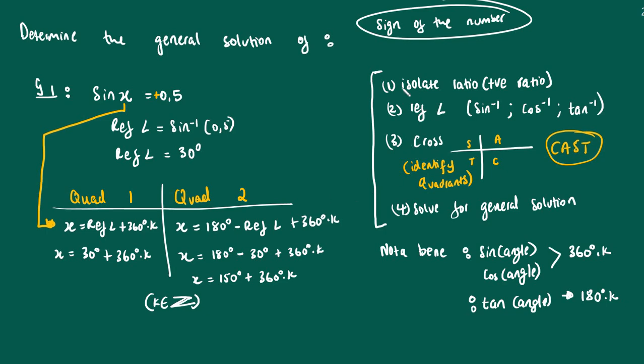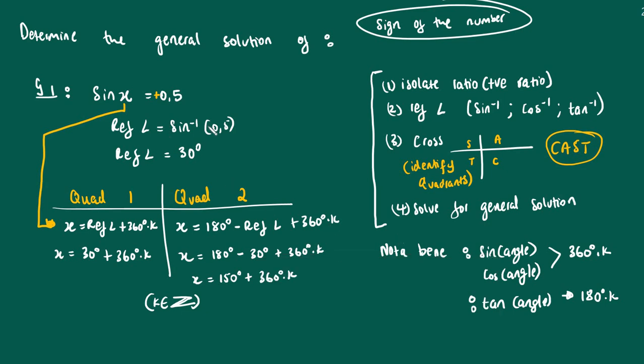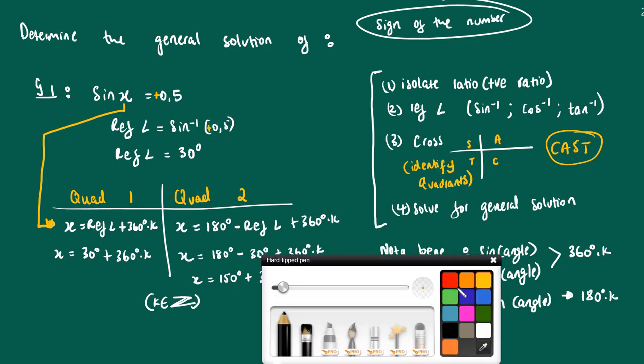If I can recap, we isolate the ratio. This one was already isolated because it was sine of an angle, and then you find the reference angle using arc sine, and make sure that when you say arc sine in here, we always put positive numbers, never a negative number. Let me write it here.